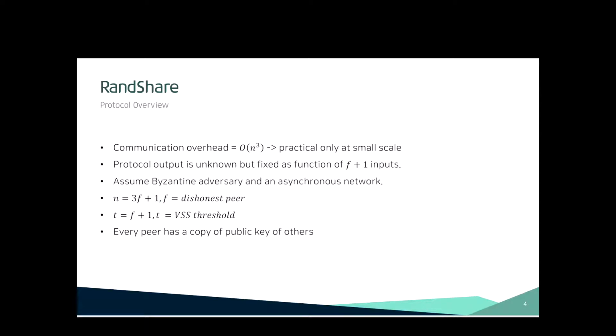F means dishonest peers, and T means the VSS threshold. We set T as F+1, and we need more than 3F+1 nodes. Also, we assume that every peer has a copy of the public keys of the other peers.